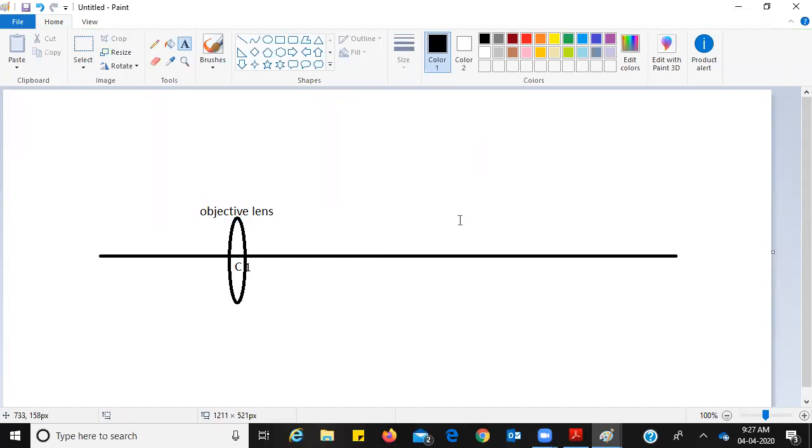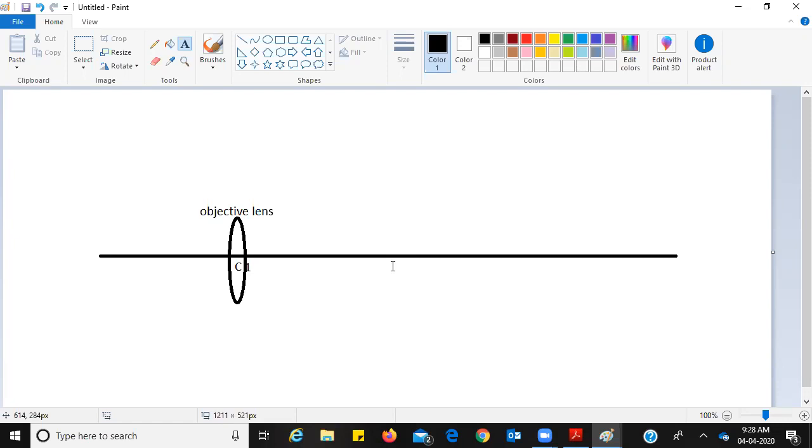Now we have to keep a second lens through which we see the final image. That's called the eye lens or eyepiece lens. So here the image formation is two-step. First, the image is formed by the objective lens. The image formed by the objective lens will be the object for the eyepiece lens.